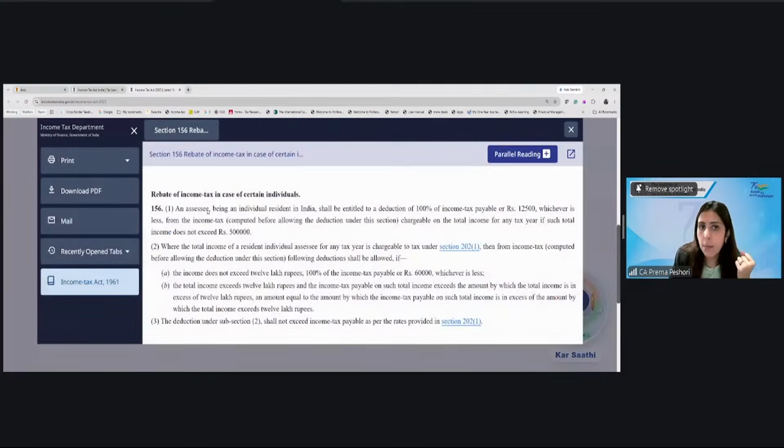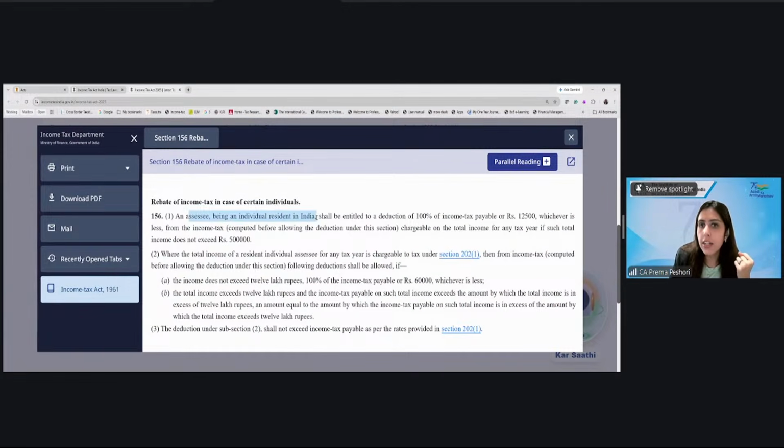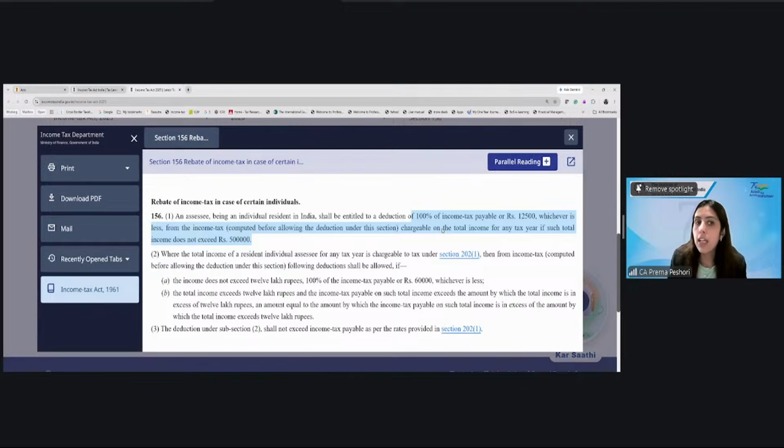An assessee being an individual resident in India shall be entitled to a deduction of 100% of income tax payable or 12,500, whichever is less, from the income tax chargeable on the total income for any tax year if the total income does not exceed 5 lakh. Now this we'll see later. This is for the old tax regime.